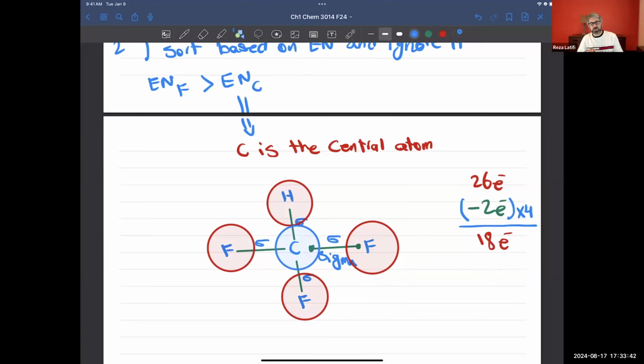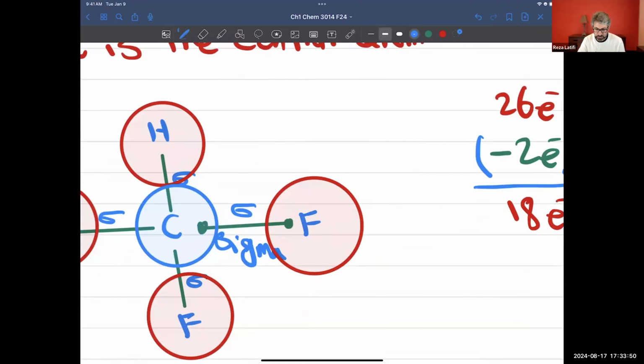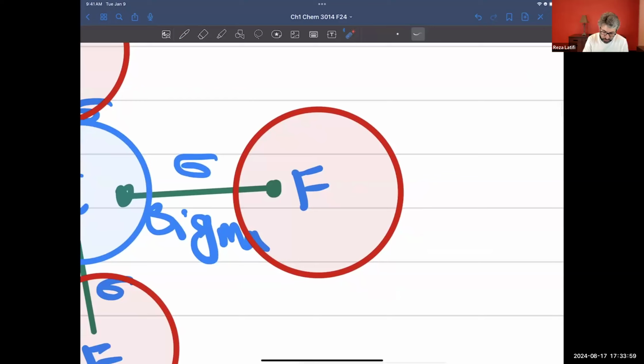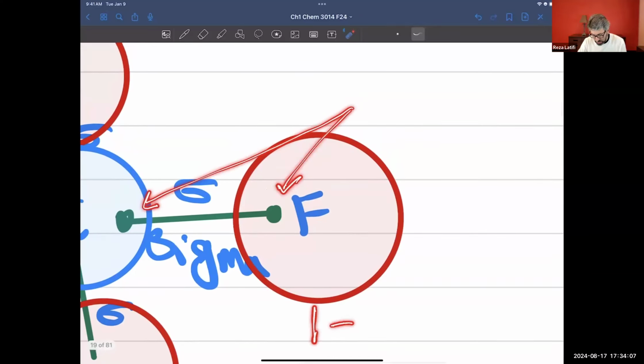Next, start with the outer atoms, the ones with the highest electronegativity. Right now, if I zoom in on any fluorine, inside the circle I see 1 electron, and we made 1 sigma bond. So 1 electron is here. This fluorine is going to fill this electron and also that one. So it means 1 plus 1, fluorine is filling 2 electrons.